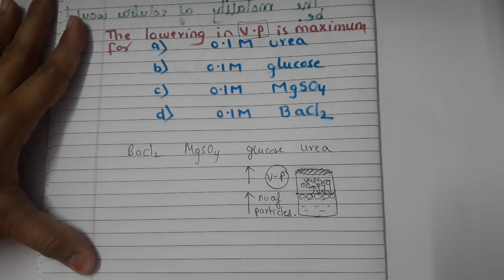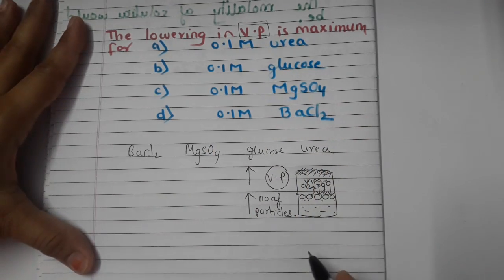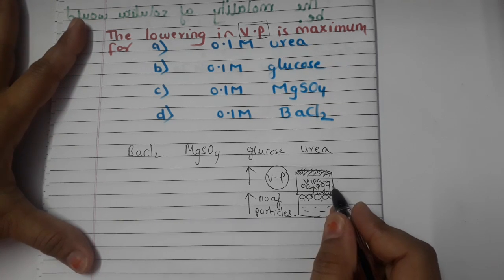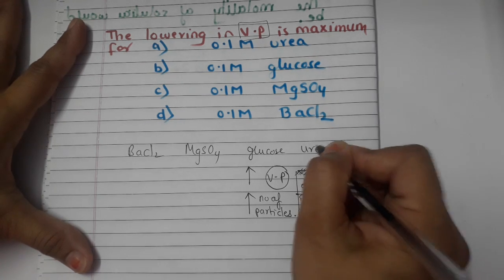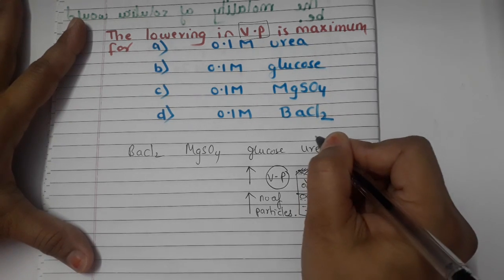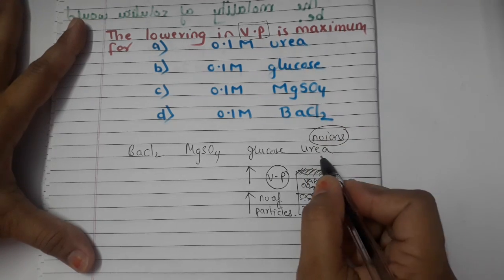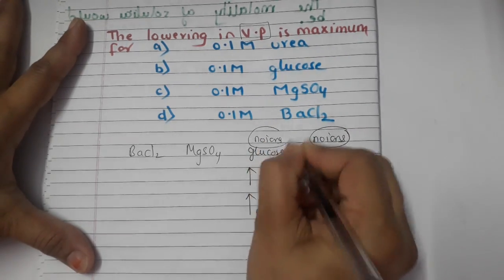Now, the question is lowering in vapor pressure. So if fewer particles escape, there will be less vapor pressure. Let us see how we can solve this question. In case of urea, it is not having ions. Its particle is a molecule, no ions are there. In this case also no ions are there.